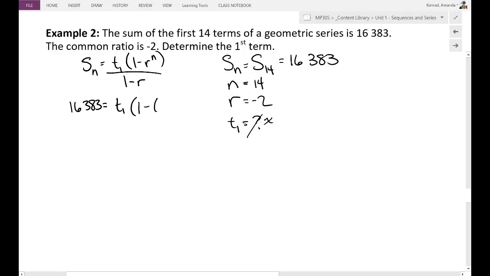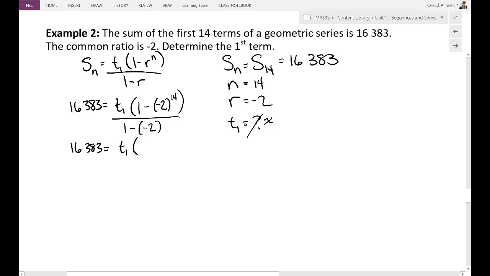1 subtract -2 to the power of 14. And this is why we put brackets around everything we substitute in. 1 subtract -2, because those negatives are going to have different impacts here. 16,383.